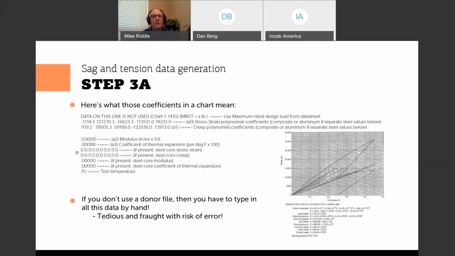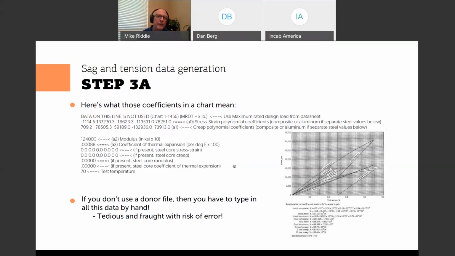But for OPGW, what's been much more common has been to treat the cable as a composite. So all the data that's relevant to the OPGW is just in the first 4 lines. And on my graph over here, you can see a composite cable is here.